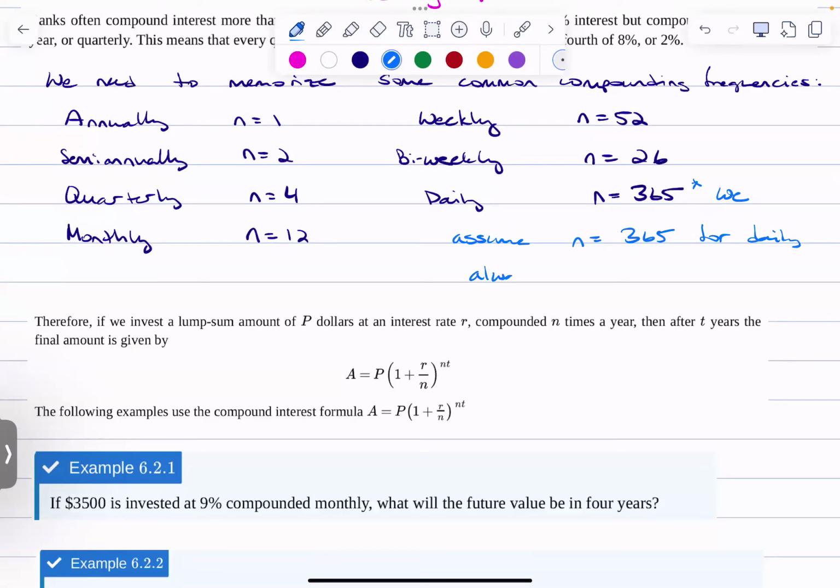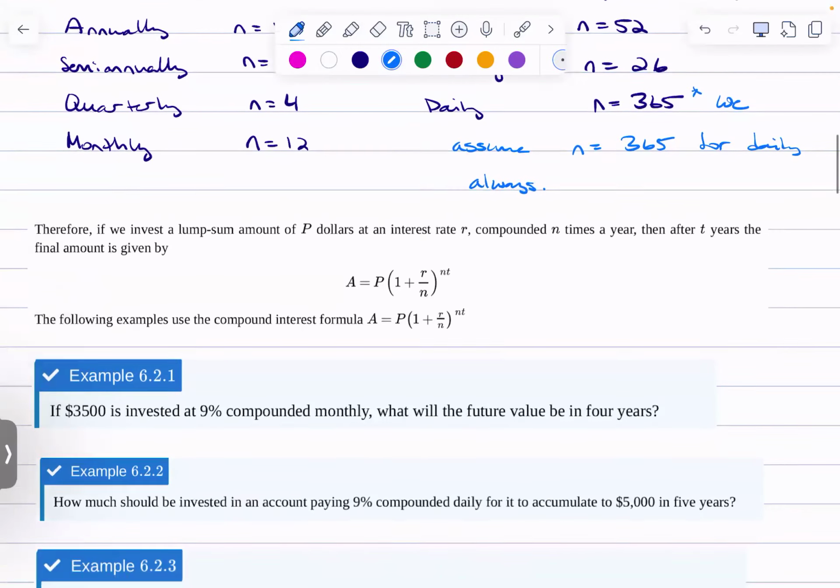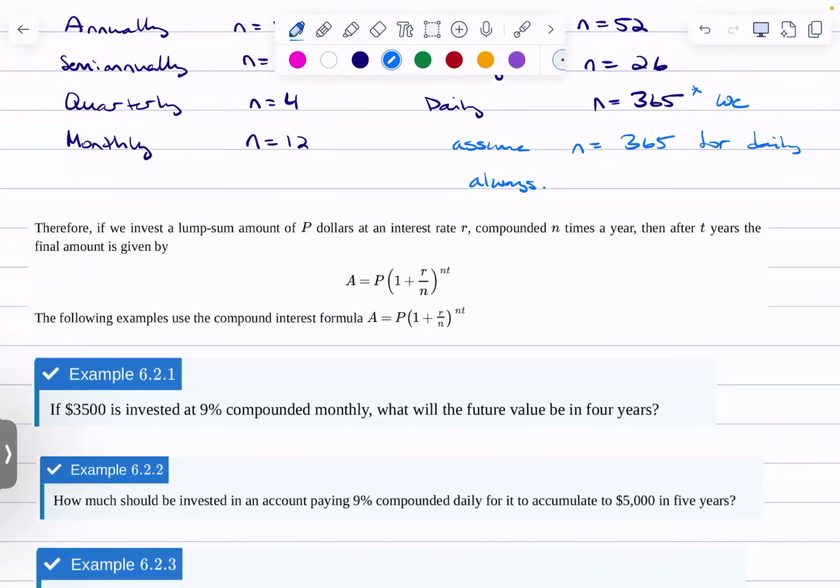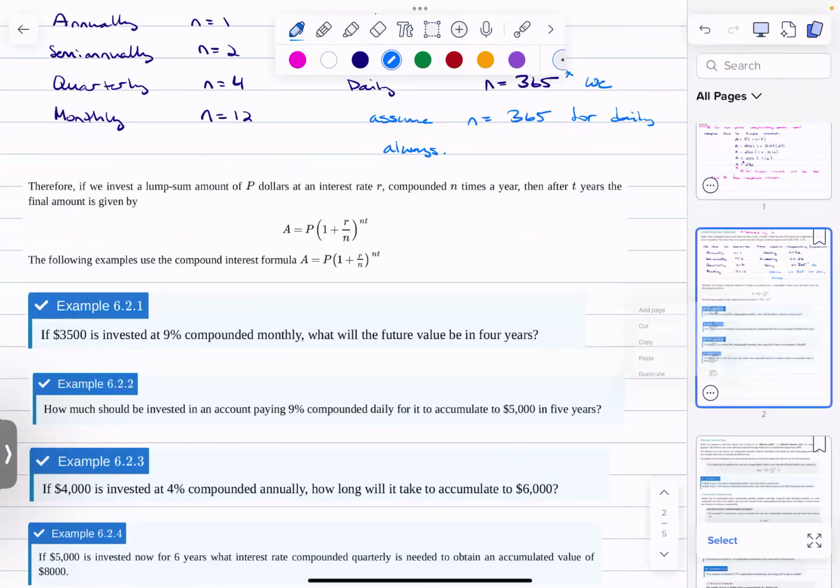Always. We don't need to worry about leap years and things like that.